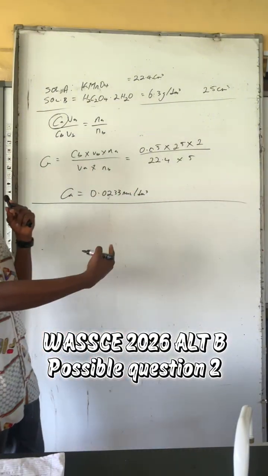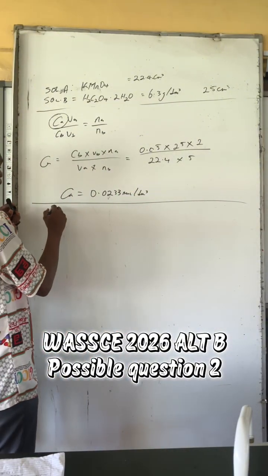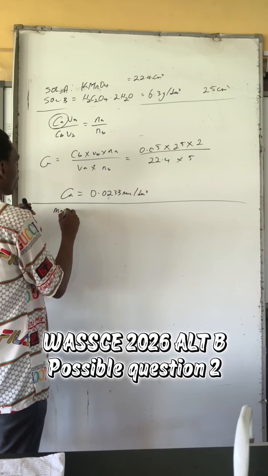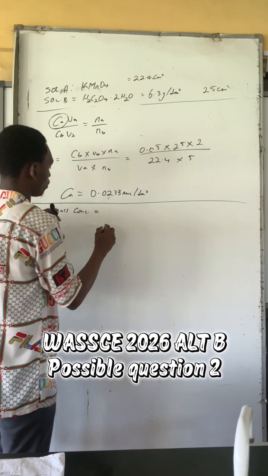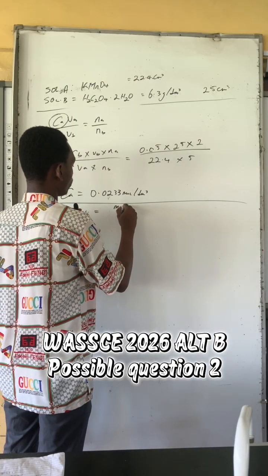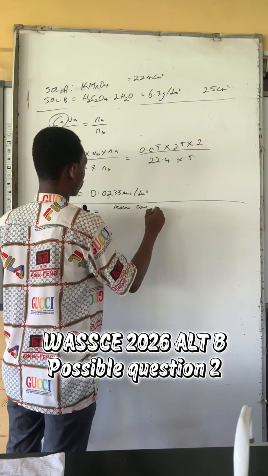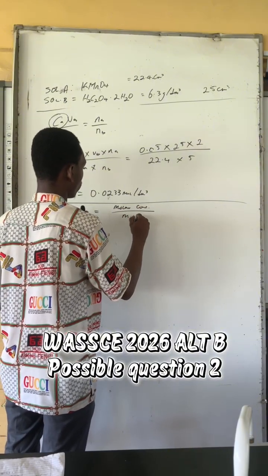Now, how do we get the mass concentration of this same A? We know that the mass concentration is equal to the molar concentration times the molar mass.